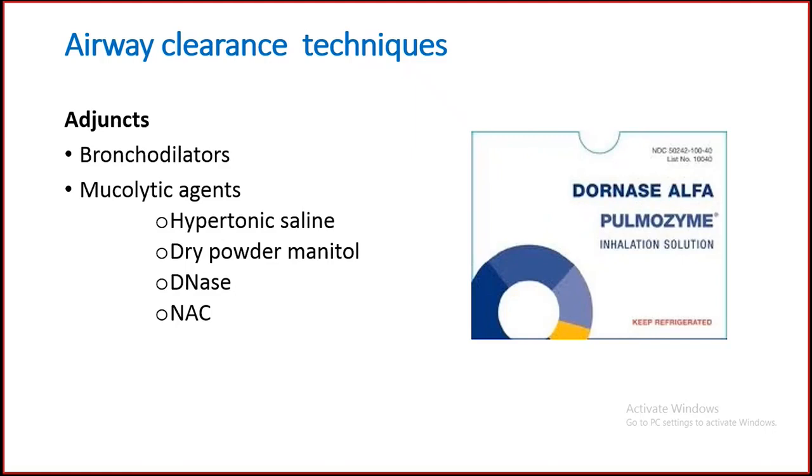The principle is, when we nebulize hypertonic saline, it increases the osmolarity within the airway and it absorbs water from the airway lumen, and that increases the hydration of the mucus and reduces the thickness of the mucus, and that produces airway clearance.